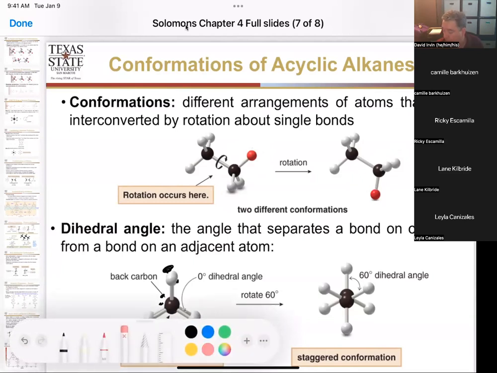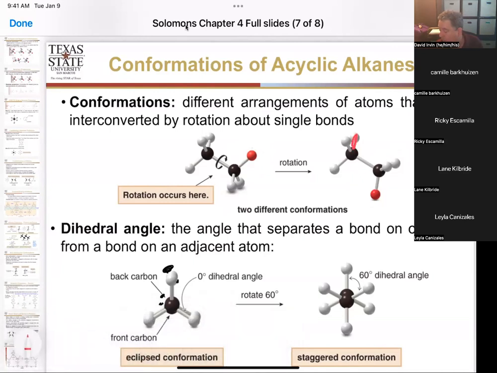If we look at the angle between this atom here with these atoms and this atom here, those two atoms that are sticking up from those carbons, that's what we call a dihedral angle. Now, the reason we want to pay attention to that is that when our dihedral angle is 0, the electron-electron repulsion between those two atoms is pushing them out a little bit. So that means that there is energy required to keep them in that configuration.